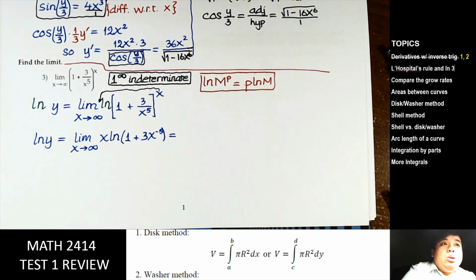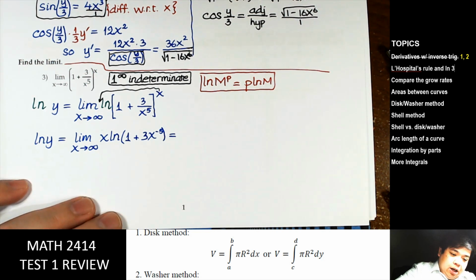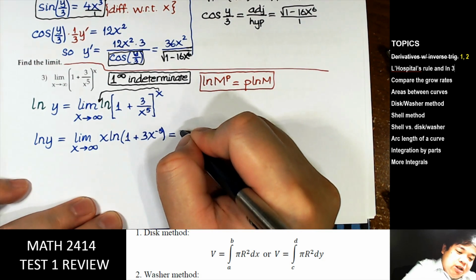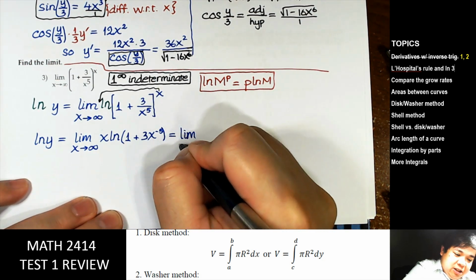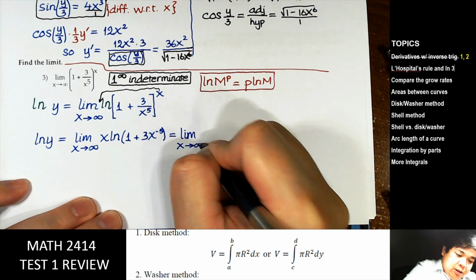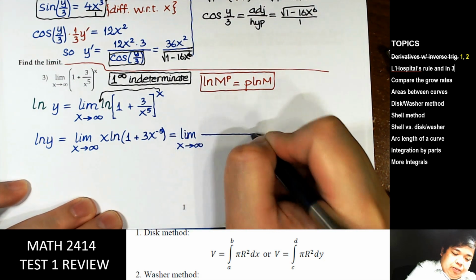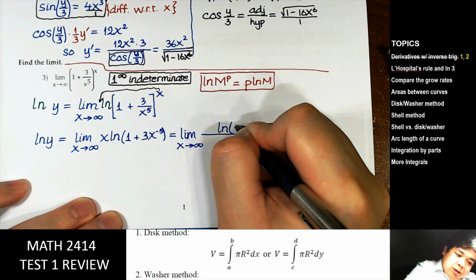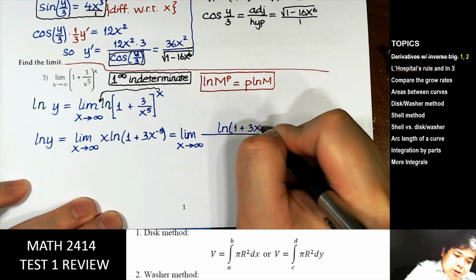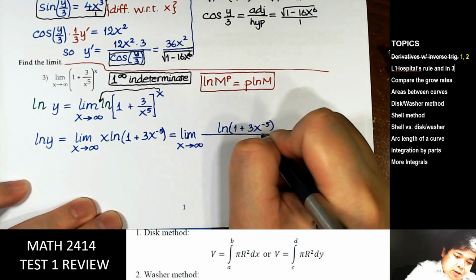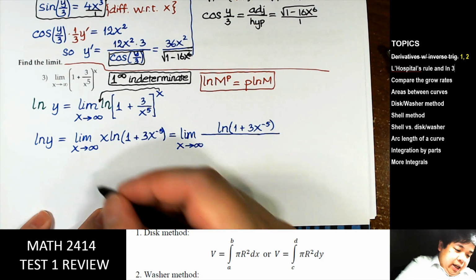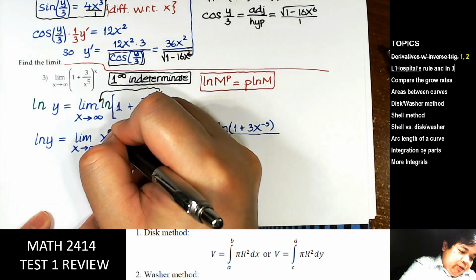Alright, so in order to use L'Hospital's rule, we need something divided by something. So I will divide by x, try to move the x down to the denominator. Here we have an x to the first power.